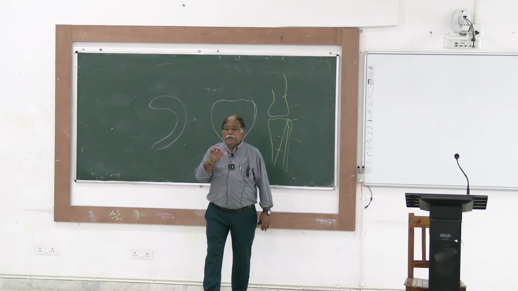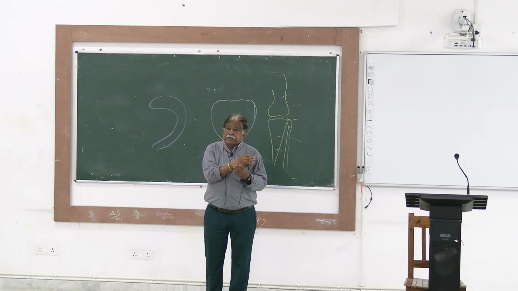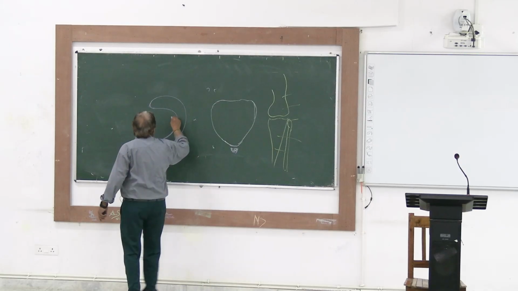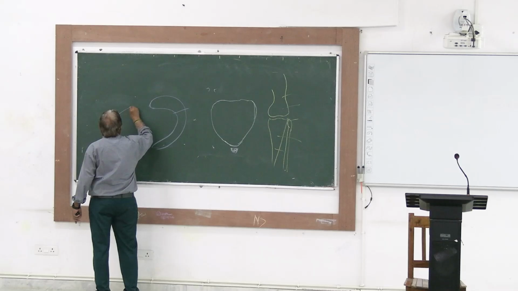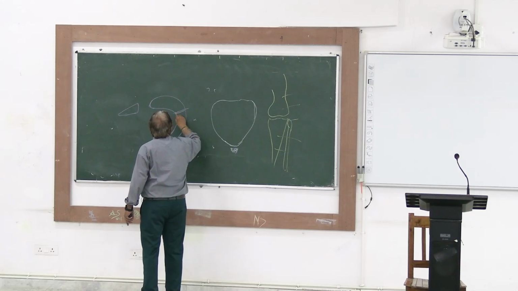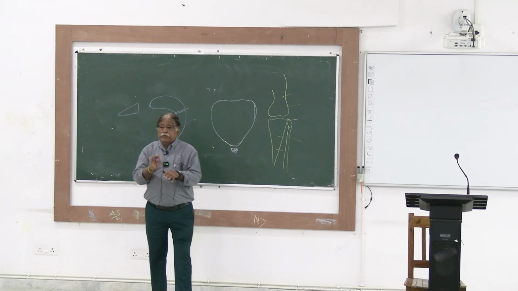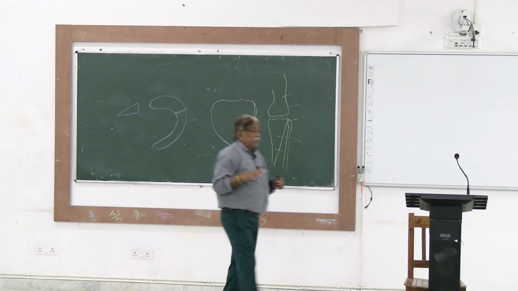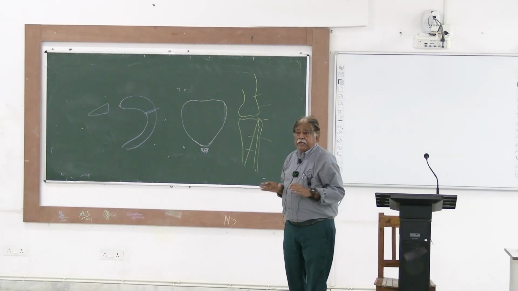Now, if you look into the cartilage, you cut it like this. Now what will you see? If you see the surfaces of the tibia and the femur, there has to be a gliding movement.